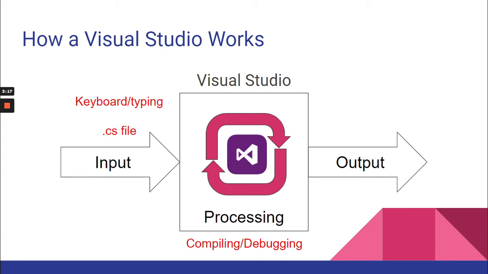The output that it does, I jumped up ahead a little bit. The output that it does is it will create an executable file, your program. It also displays things on the screen. It displays your code. It allows you to select different options and properties and things like that to adjust how your program is put together. Does that kind of make sense?